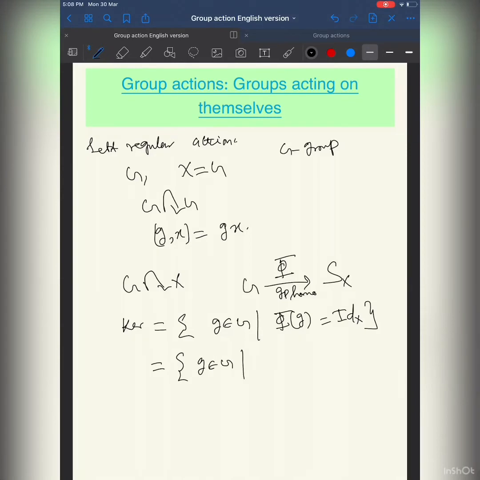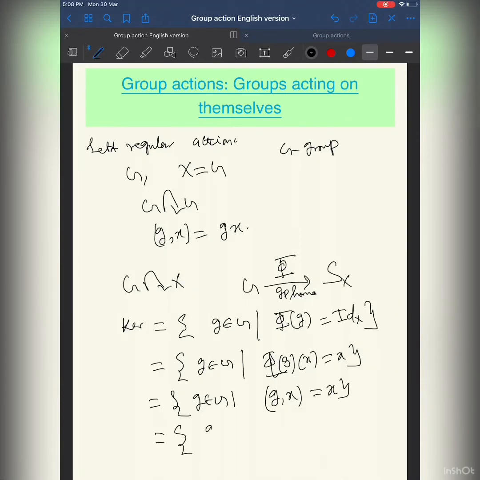That is, the set of all g in G such that phi_g(x) = x, that is, the set of all g in G such that g·x = x. I am writing one by one: the set of all g in G with gx = x.